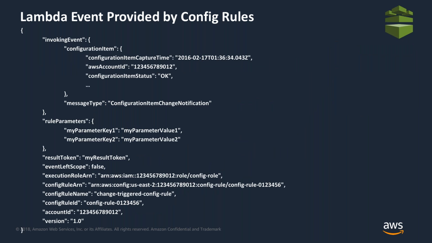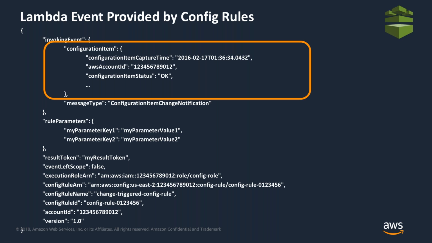As I mentioned earlier, when the trigger for a rule occurs, AWS Config invokes the rule's AWS Lambda function by publishing an event. This invoking event is what you see here. It contains information such as configuration item information and any rule parameters. Then AWS Lambda executes the function by passing the event to the function's handler.